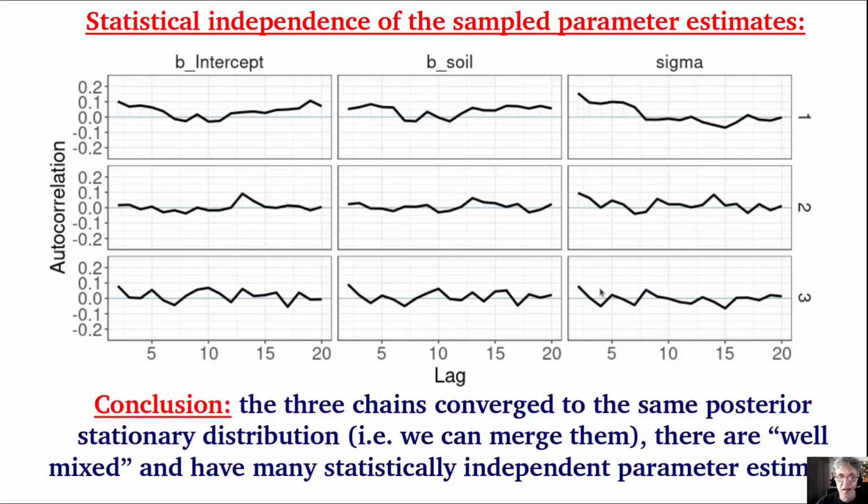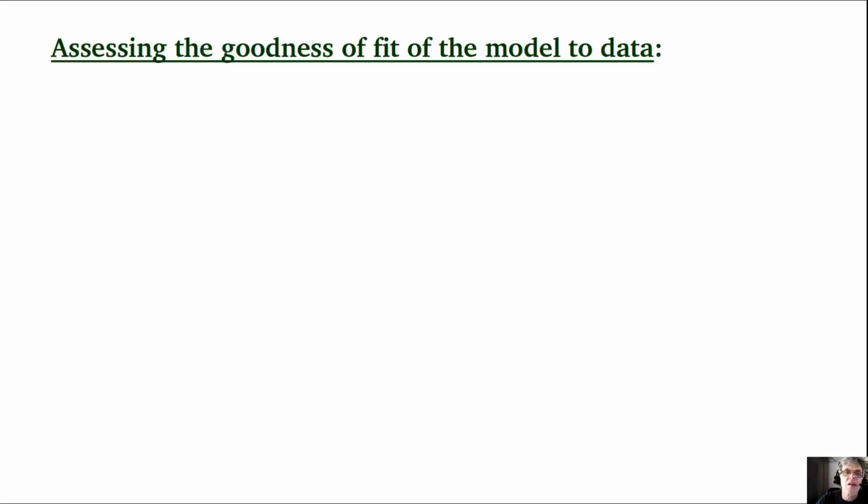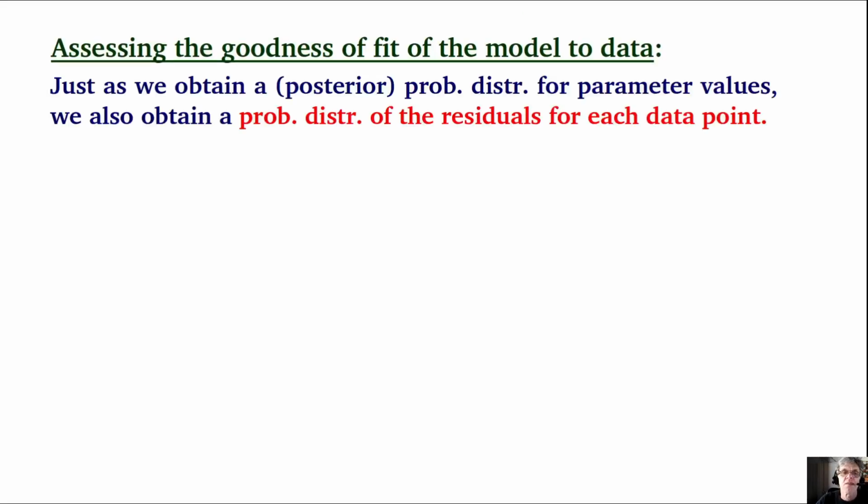The conclusion is that the three chains have converged to the same posterior stationary distribution. It means that we can merge them. Each of the chains have 1,000 values, that they are well mixed, and that we have many statistically independent parameter estimates in the chains.